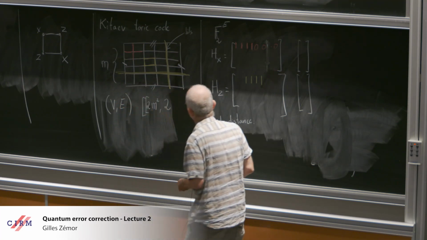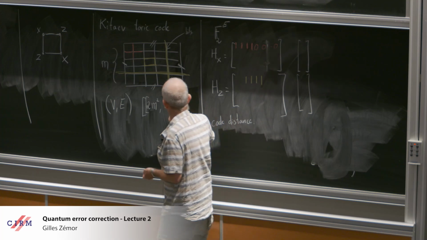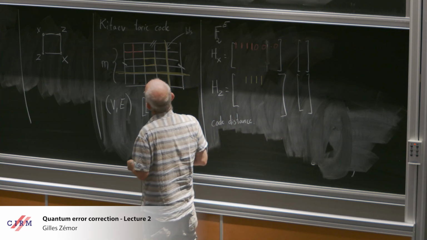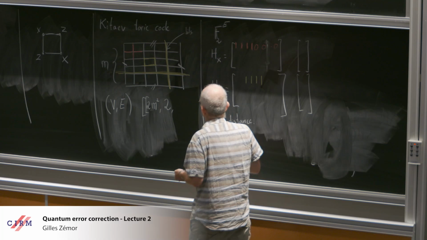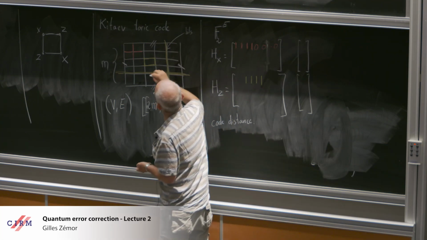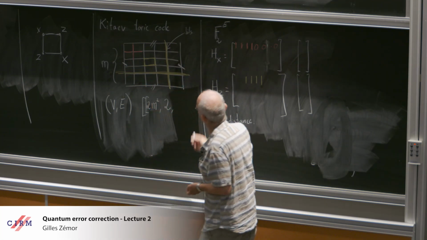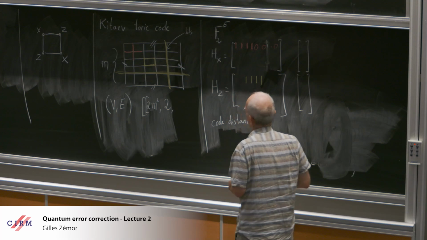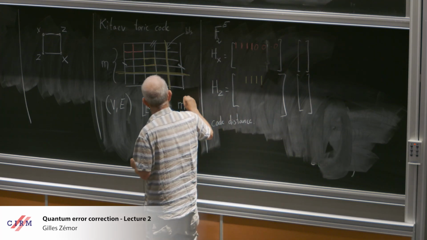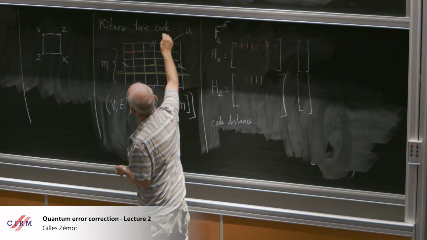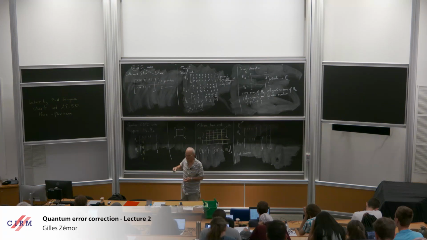The dimension of your code, it's not too difficult to convince yourself that it's 2, so one dimension for the vertical direction, one for the horizontal direction, and the minimum distance is that of those loops that wrap around the torus, which is m.